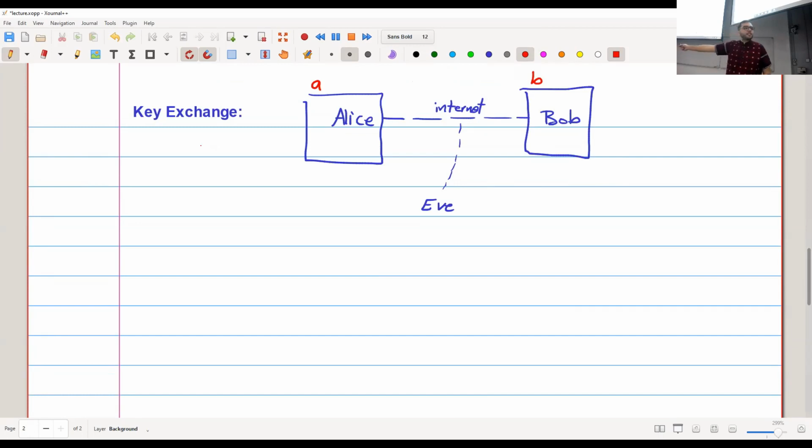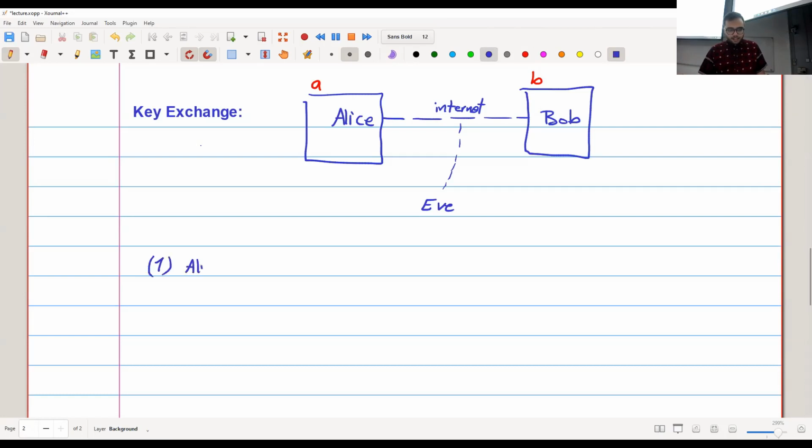So we will definitely not send our secret. But what we can do is that we can apply some function to our secret and send the result to the other side.